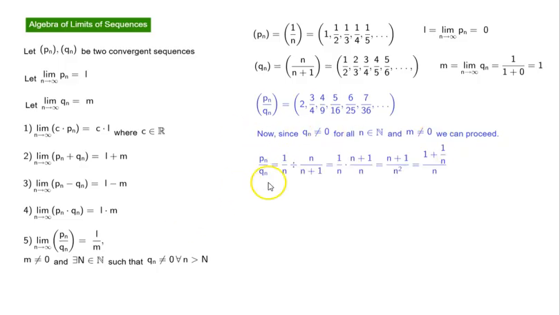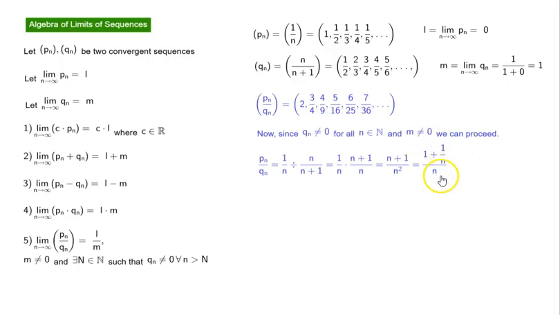So now dividing p sub n by q sub n, we get 1 by n divided by n by n plus 1, which gives us 1 by n times n plus 1 by n, which gives us n plus 1 by n square. So here we take n out. We get n times 1 plus 1 by n. N and one of the n's here in the denominator get cancelled. And we have 1 plus 1 by n divided by n.